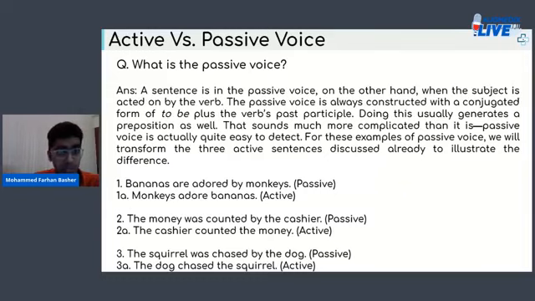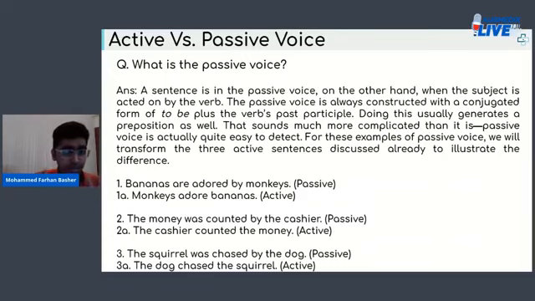But when you changed the voice of the sentence from active to passive, you can see that the object has now become the subject. Bananas was the object, but now it has become the subject. So you say, bananas are adored by monkeys.